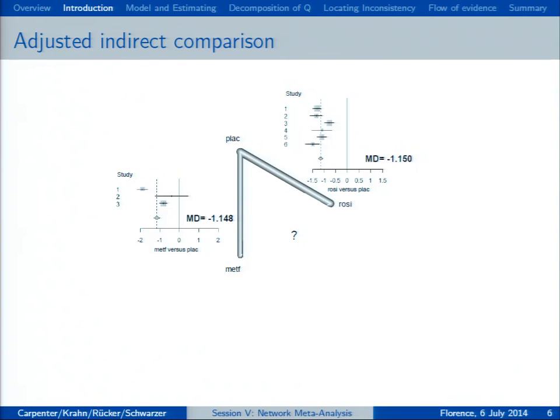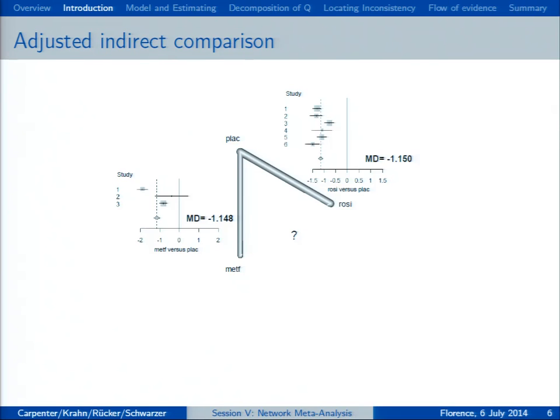In this example, we have 6 studies, shown in this forest plot, that compared treatment Rossi versus placebo. We can aggregate the treatment effects of these studies and obtain a mean difference in this case of minus 1.15. And we have, in addition, studies that compared metformin versus placebo.